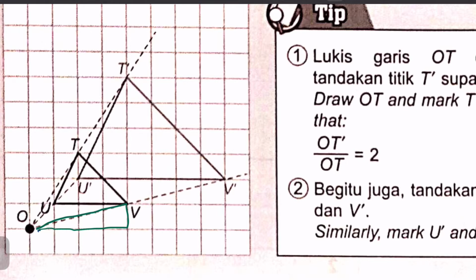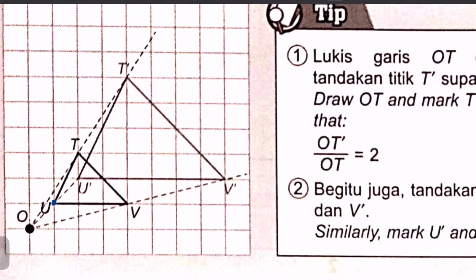So 1, 2, 3, 4, 5, 6, 7, 8. Lepas tu ni 1 kan, 1 darab 2 dia akan jadi 2. So sinilah kita punya V prime. Sini pun sama. Yang bucu ini pun sama.